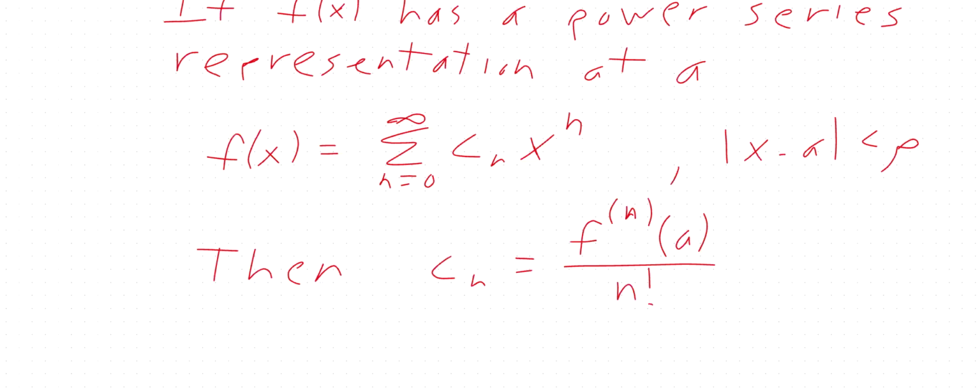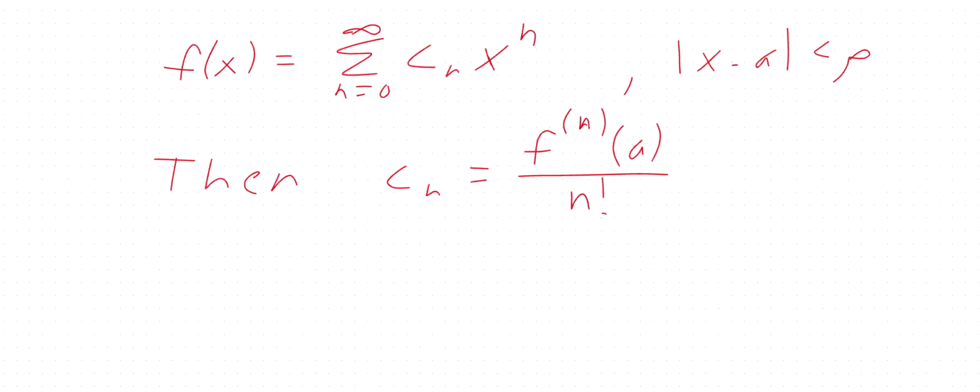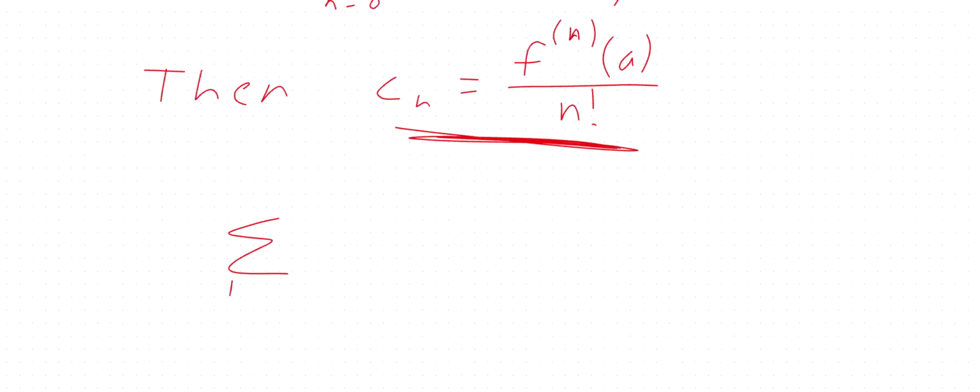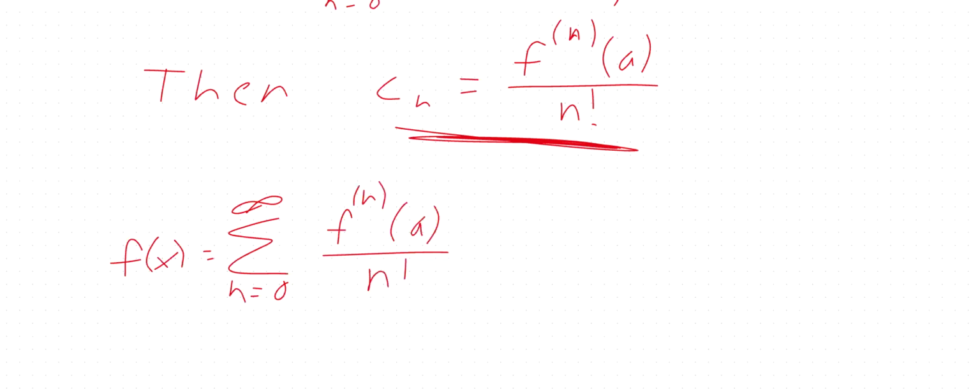Now the factorial is good. All right, so any power series will be able to be written with this. So our overall setup is going to be our f of x equals the sum of c sub n times x minus a to the n.